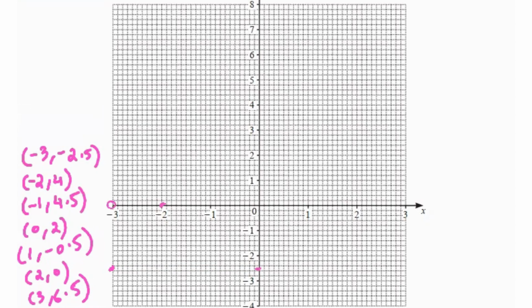That's -2. And 4 is here. So -1 and 4.5.